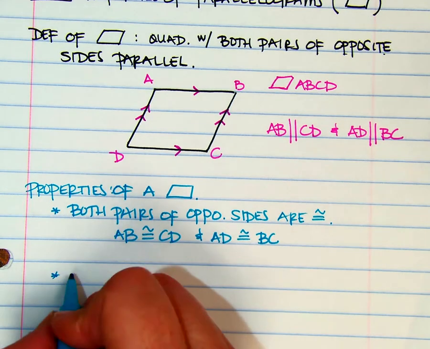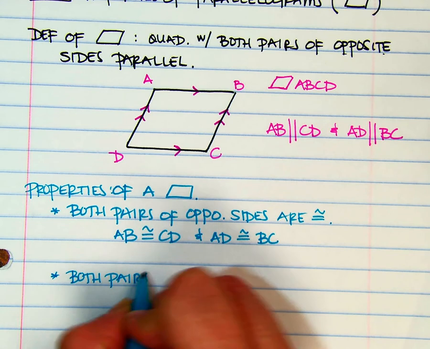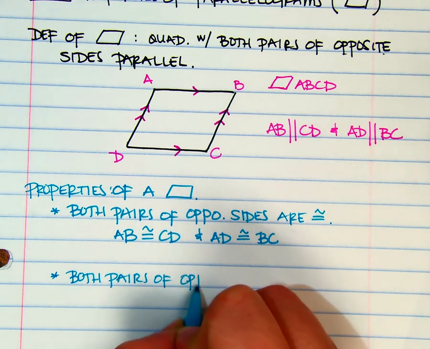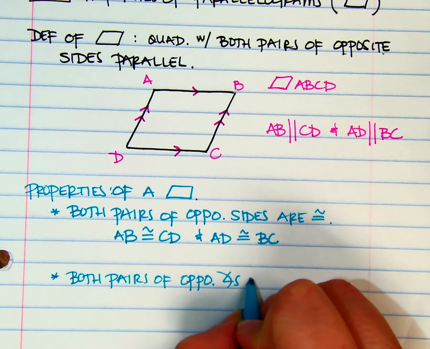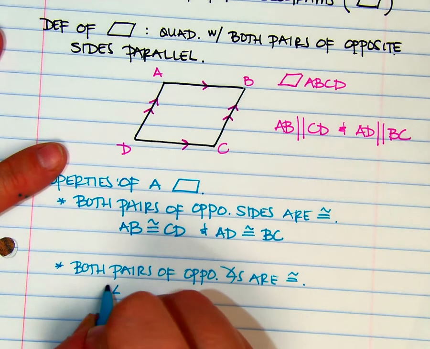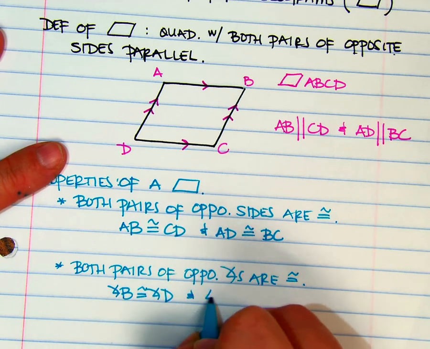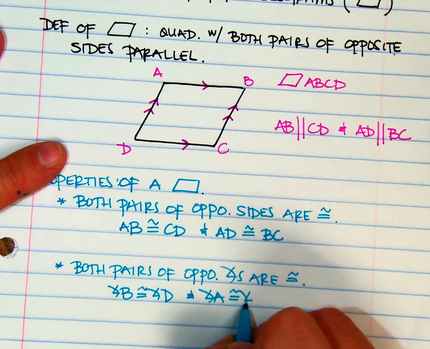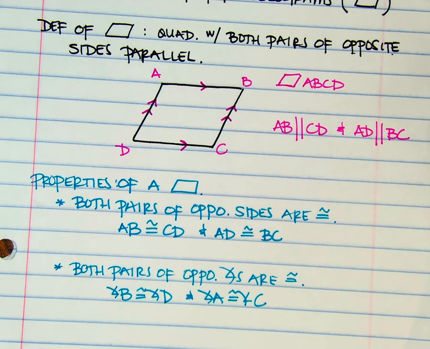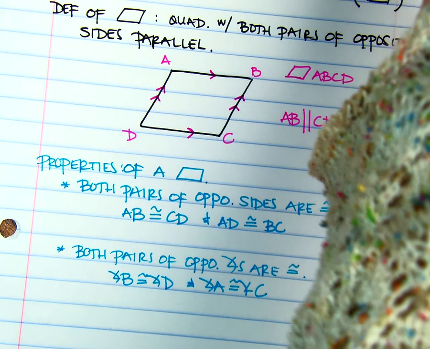Another property I know is that both pairs of opposite angles are congruent. So from that, I can say that angle B is congruent to angle D, and angle A is congruent to angle C. Markers here.